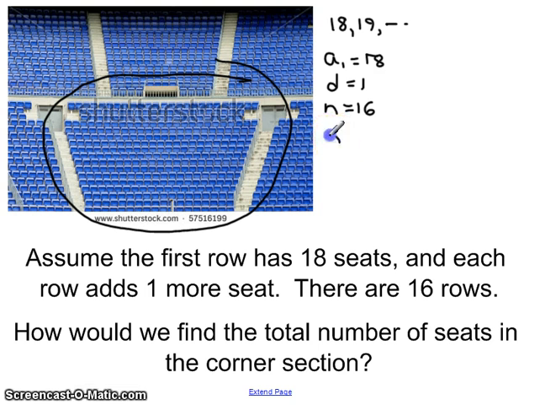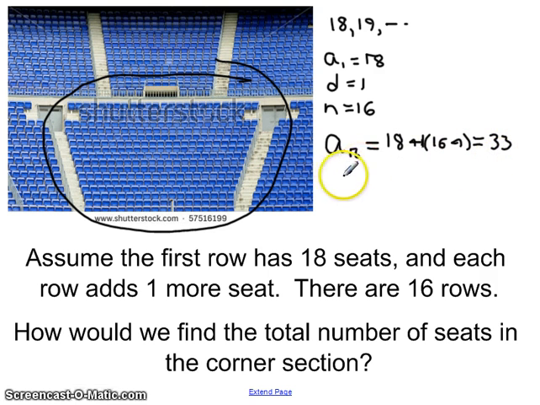So the 16th row should have how many seats? Well, it's going to have 18 plus d times n minus 1, which is 16 minus 1. If we do the math on that, we have 18 plus 15, and that should be 33. So there's 33 seats in the last row.